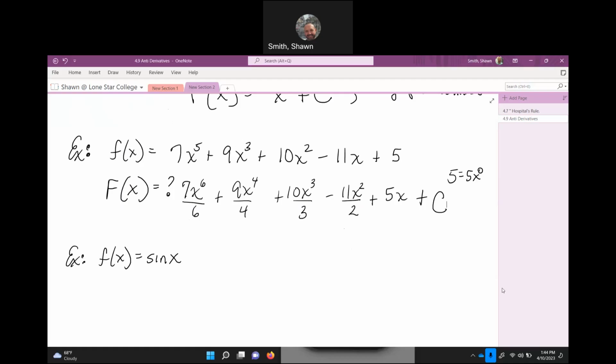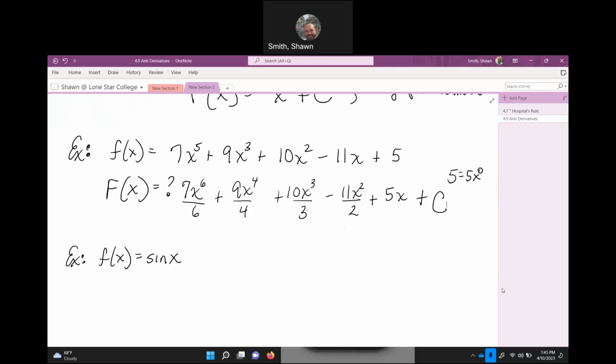derivatives of either sine or cosine, right? Well, derivative of sine is cosine. Well, that's not it. That's saying derivative of cosine is negative sine. Well, that's pretty close.